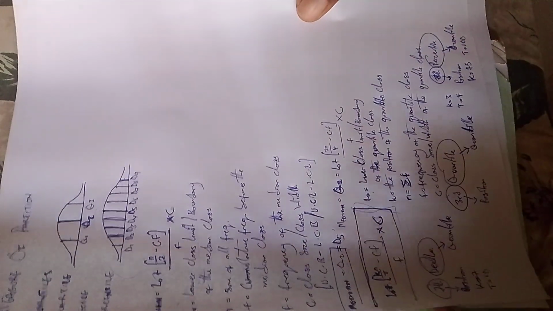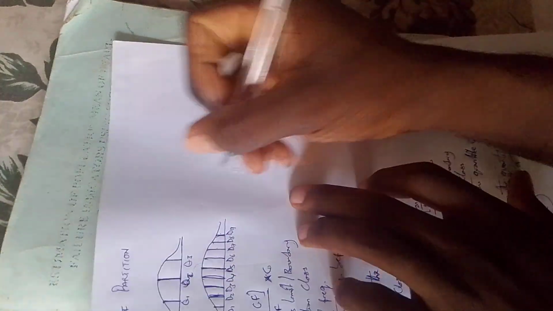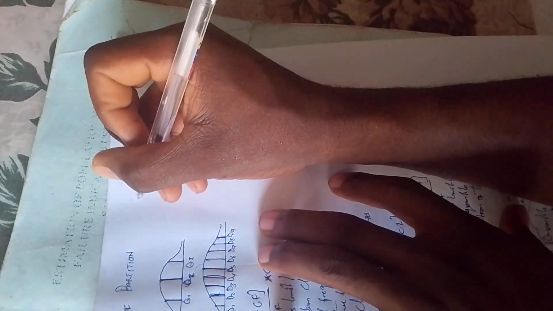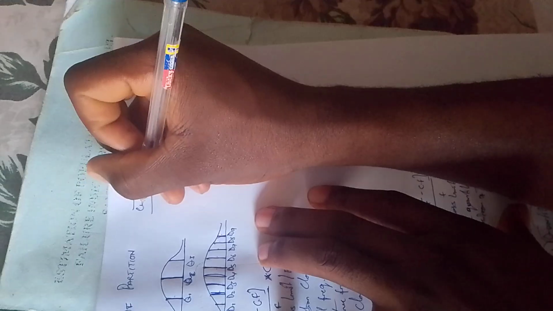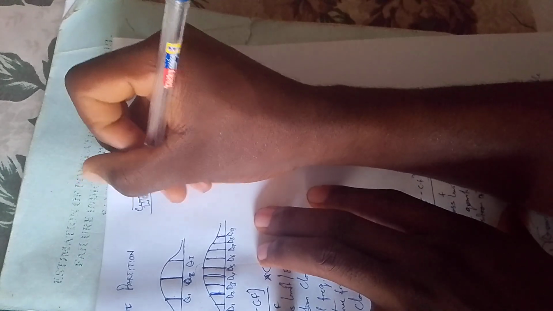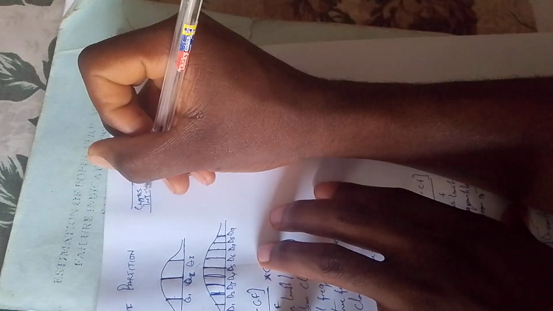Let's say we have a table like this. This is the class interval, and this is my frequency.